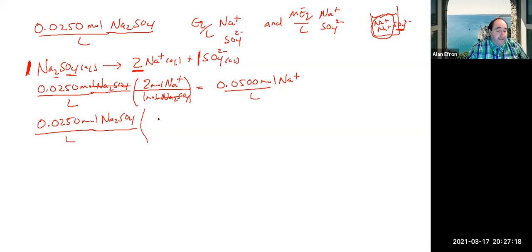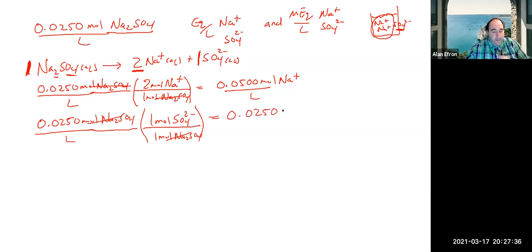And the difference is it's a 1-to-1 relationship, which means it is going to come out the exact same number in this case, because it's basically multiplying by 1 and dividing by 1. And these guys again would cancel, and we would get 0.025 moles of sulfate per liter of solution, basically.